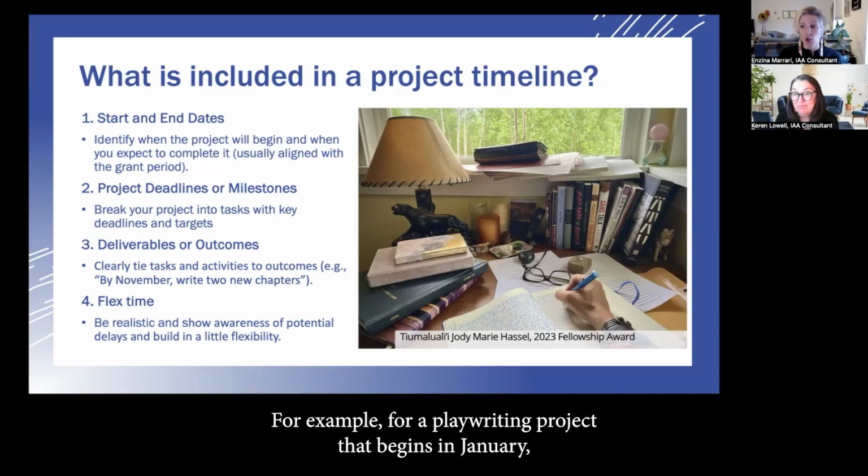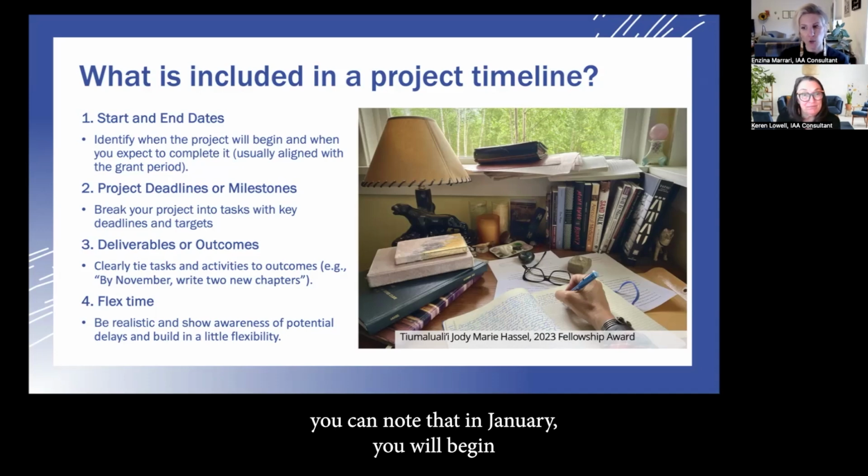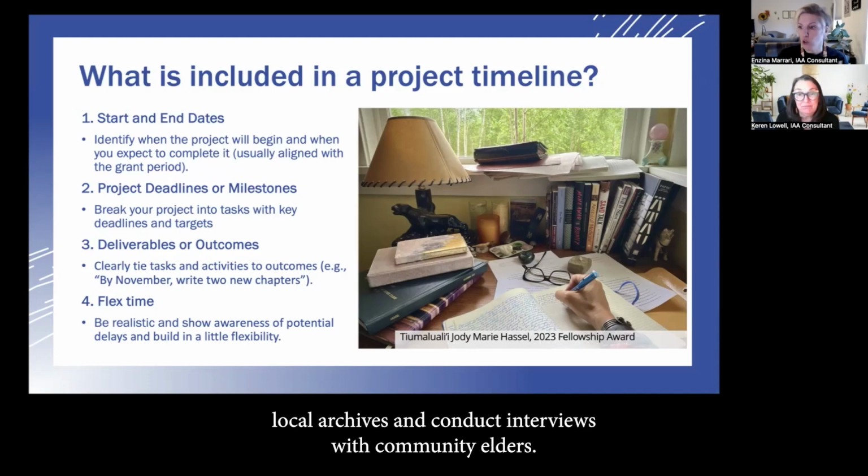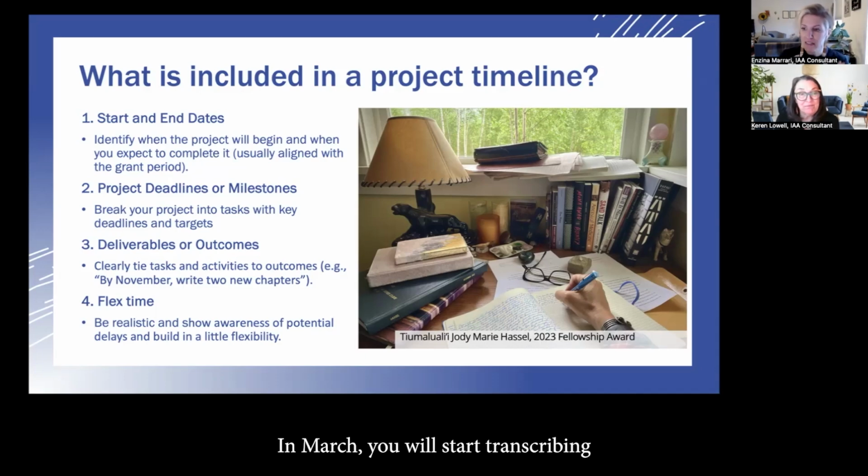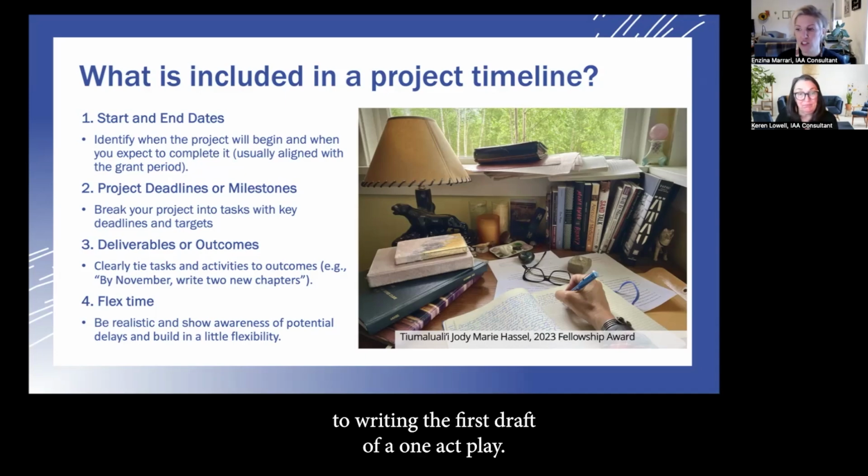For example, for a playwriting project that begins in January, you can note that in January, you will begin with a 2-month research phase, where you will research local archives and conduct interviews with community elders. In March, you will start transcribing those interviews and organizing your research. April through August will be dedicated to writing the first draft of a 1-act play.